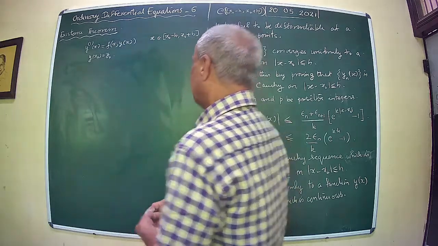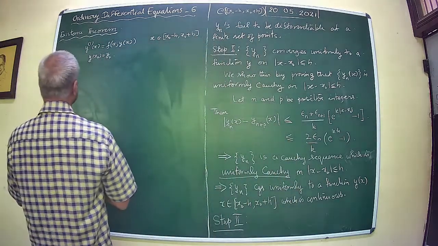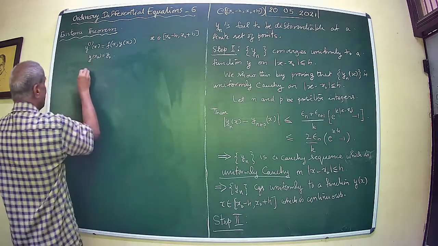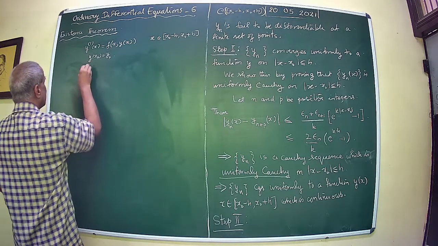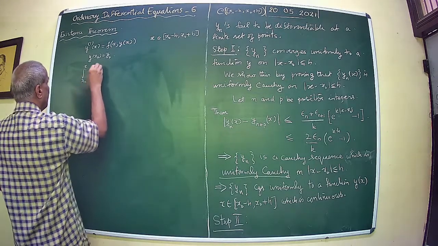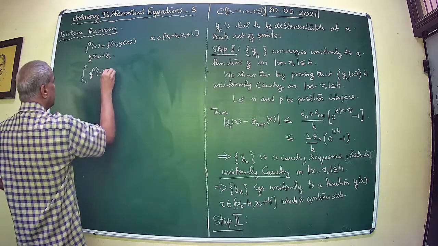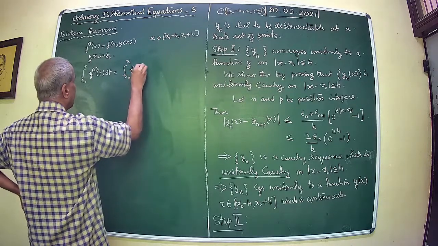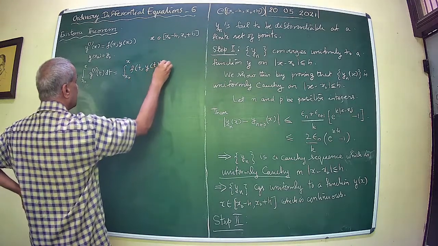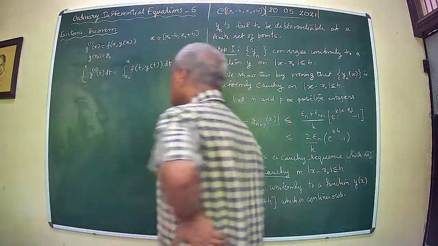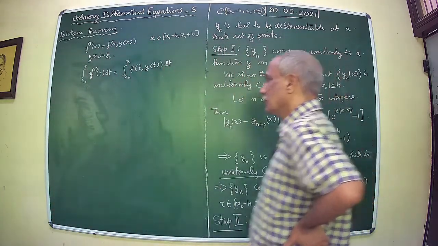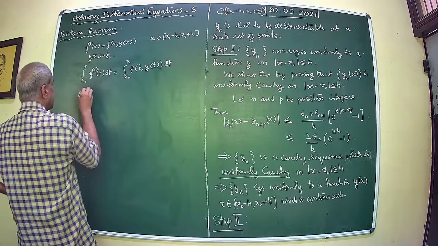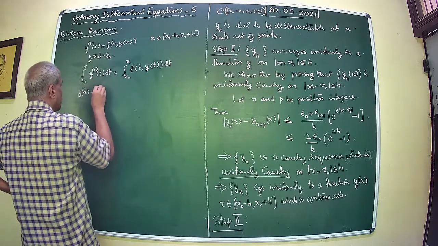Then you can substitute that function y(x), and you get the integral from x0 to x of y' of t, using a dummy variable, and this turns out to be y(x) minus y(x0). y(x0) is y0.